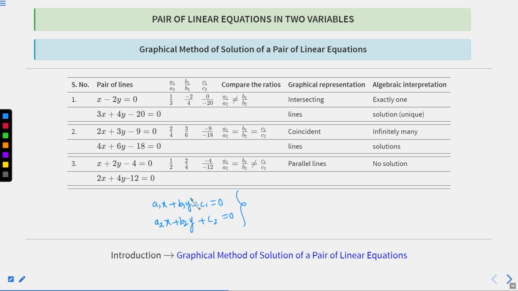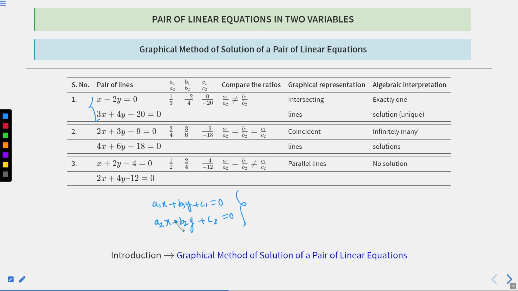Now if we compare this pair of linear equations with the general form, we'll get the values of A1, B1, C1, A2, B2, C2. Then we can find the values of the ratios A1 by A2, B1 by B2 and C1 by C2.